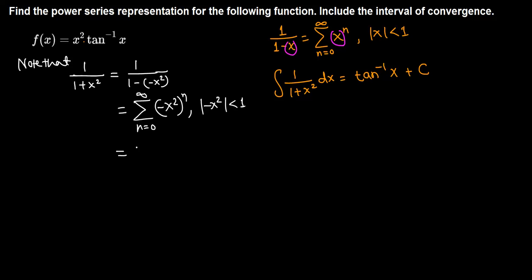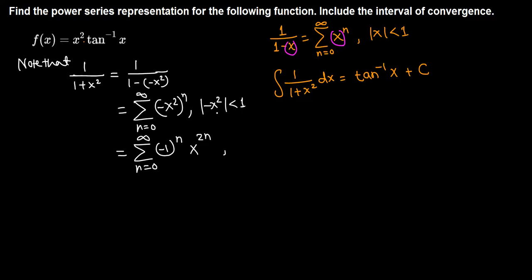Let's simplify this. From 0 through infinity, that's negative 1 to the n, x squared raised to n, which is the same as x raised to 2n. The absolute value of negative x squared is the same as the absolute value of x squared, and x squared is always positive, so we don't need the absolute value.